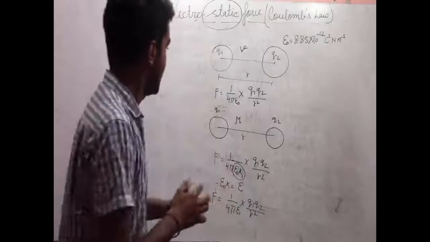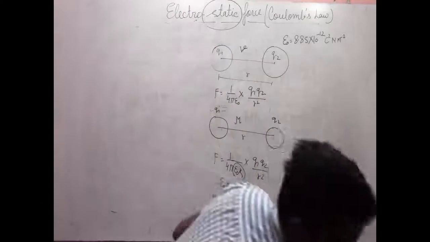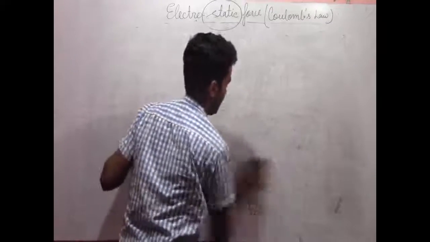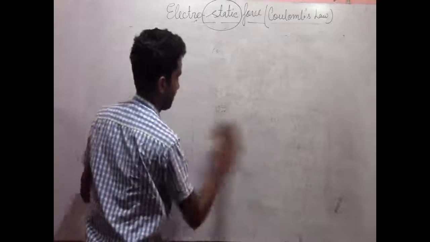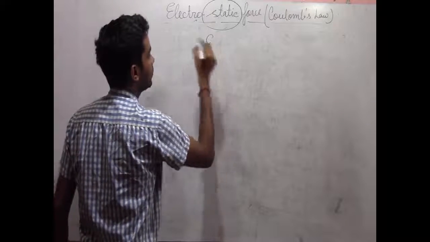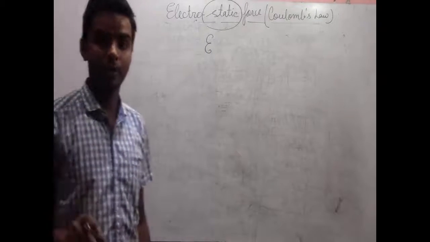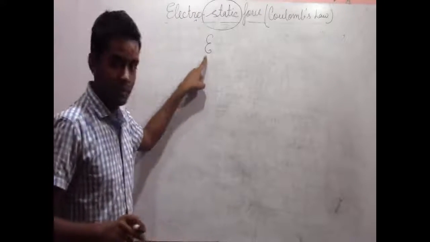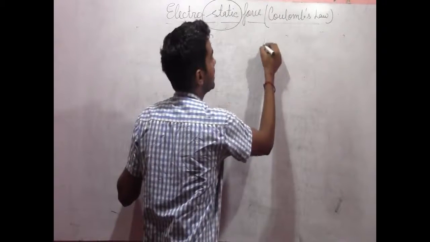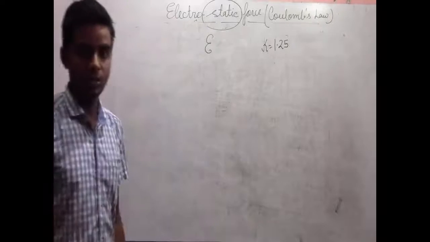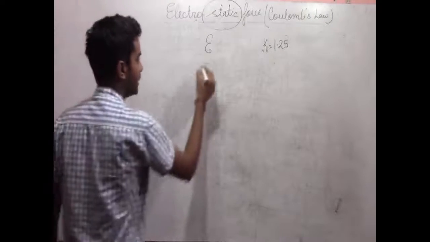Just remember, it means you have to calculate epsilon, not epsilon naught, epsilon. My question is to calculate the permeability of a medium whose permeability constant K is equal to 1.25.